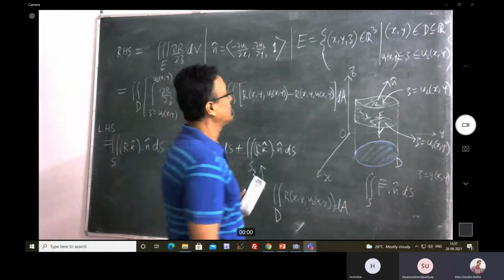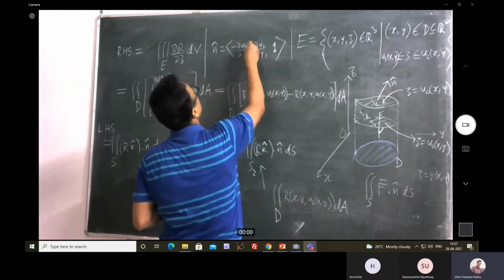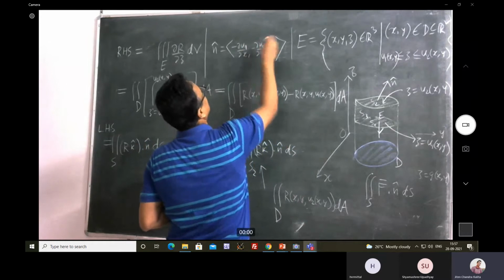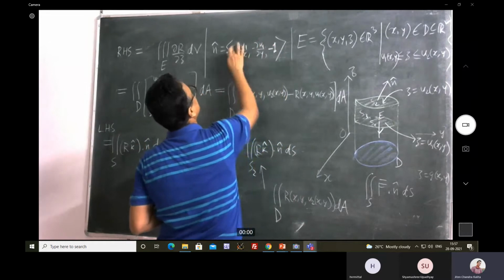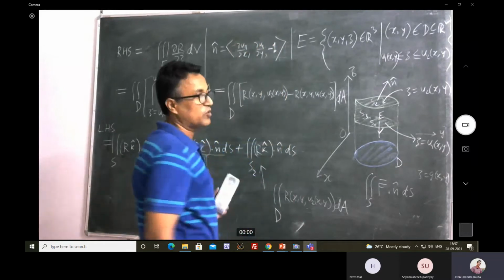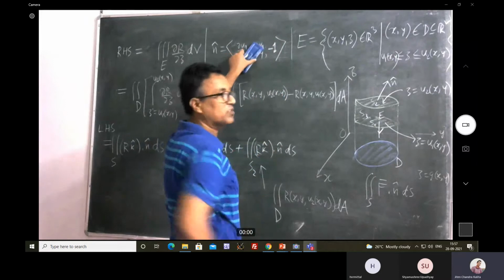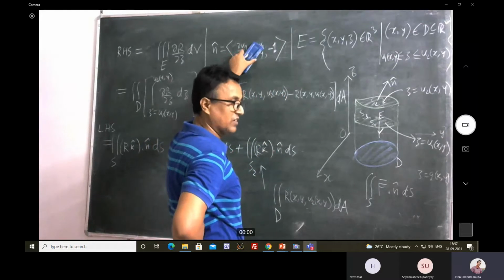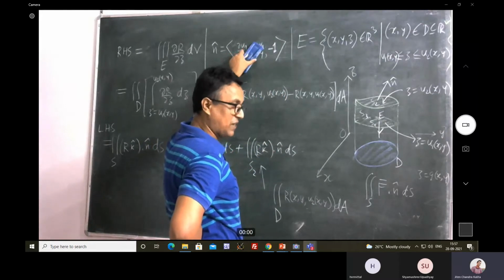Yeah, negative. Right? So that means this is going to be simply this, and this, whatever may be. This third component is going to be negative one. Is it okay? Fine.